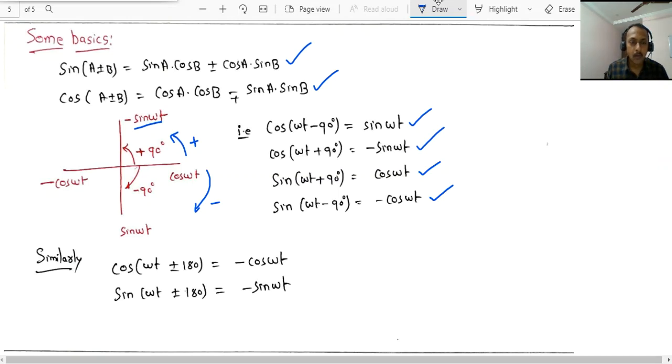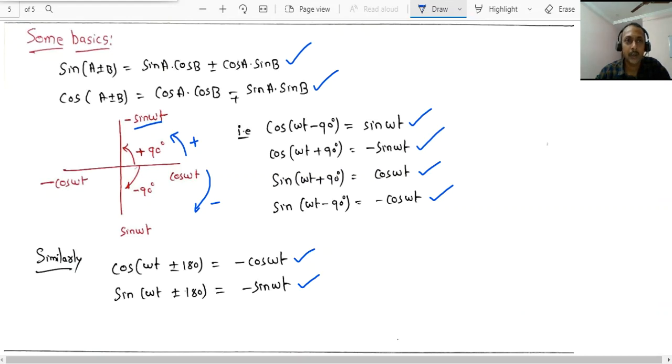Similarly, cos omega t plus or minus 180 is minus cos omega t. Sin omega t plus or minus 180 is minus sin omega t. These basics are important. Please take down these basics in your notes, dear students. Clear?